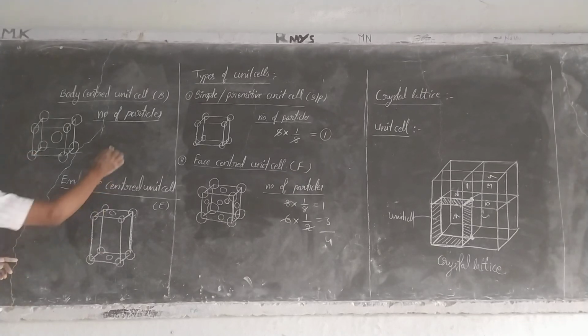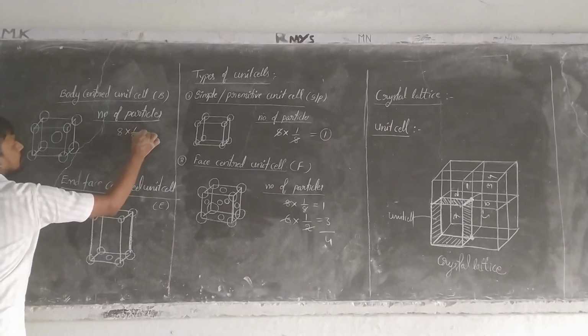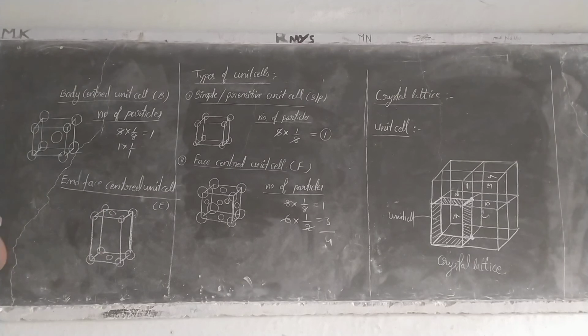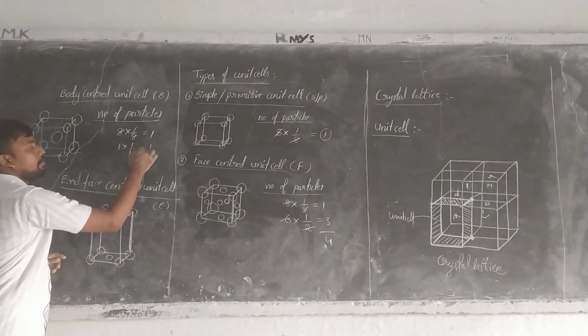So 8 into 1 by 8 equals 1, and 1 into 1, here 1 particle is present at the center of the body or center of the unit cell. For suppose one carrier is here, that belongs to this class only. Any particle, an atom, an ion, or a person, if present in this classroom belongs to this classroom. For suppose someone sits on this wall, he could be from the next classroom or the other classroom. But if in the middle, definitely that particle belongs to only that unit cell. So that's why 1 into 1 by 1 equals 1. 1 plus 1 is 2.